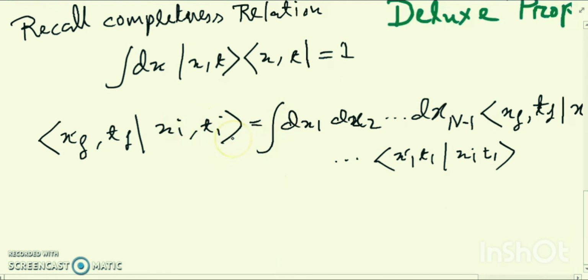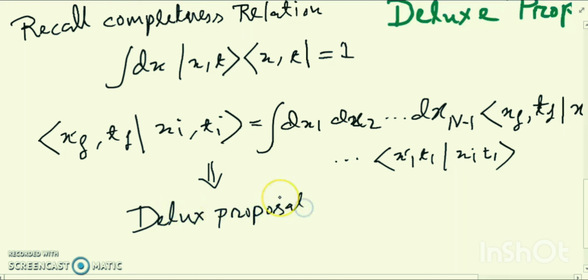So recall the completeness by the completeness relations. Okay, this is called the Dirac proposal.